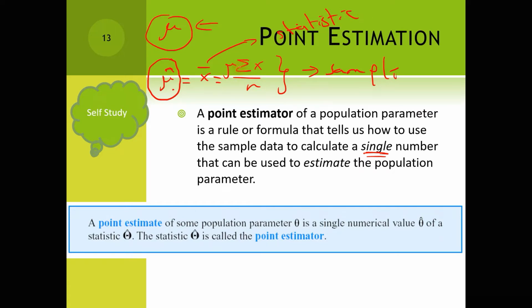That doesn't make sense because you can't have a parameter in the formula, or you can't have sigma, because sigma is a parameter, it is an unknown, so you can't solve this by something else that is already unknown. This is very important to know because these point estimators that you are using are what we call statistics, and statistics do not contain any parameters or any kind of unknown in them.